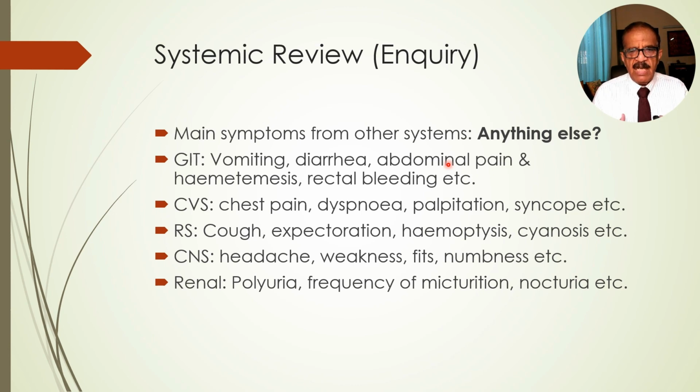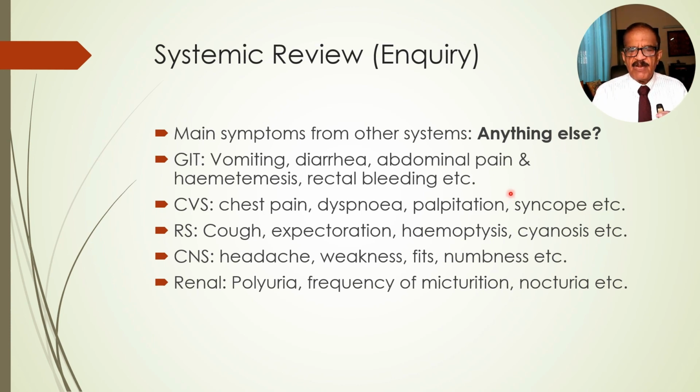For example, while the patient is giving history, he never mentioned loss of appetite or loss of sleep. But in systemic review, when you find this patient has severe loss of appetite, maybe that will give you the clue to the diagnosis.